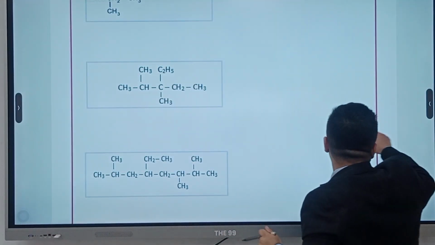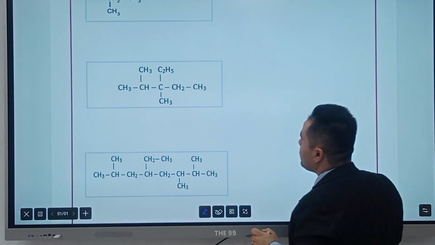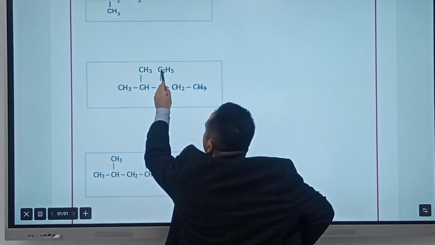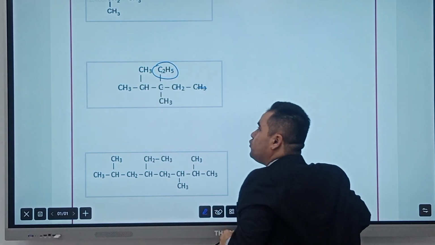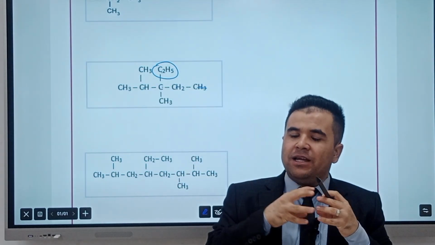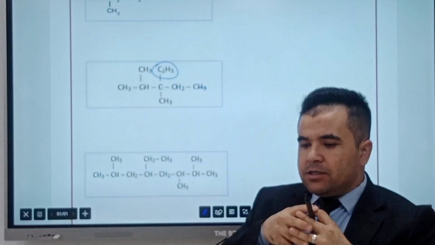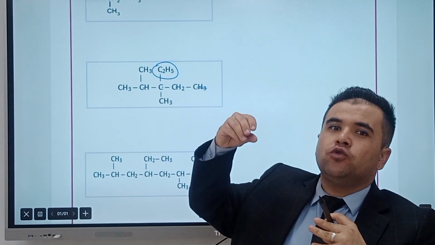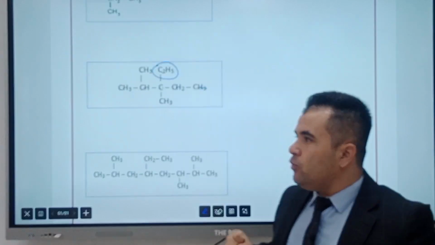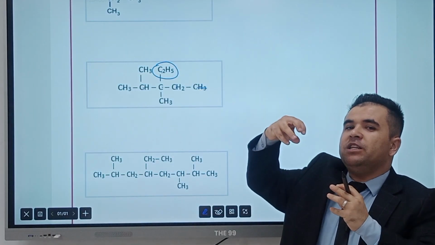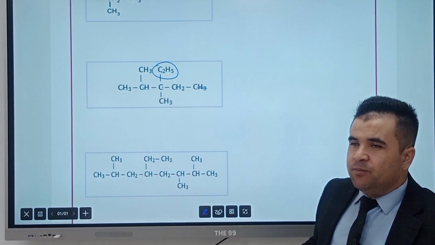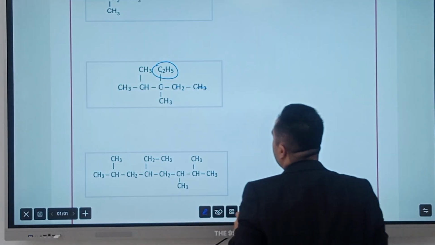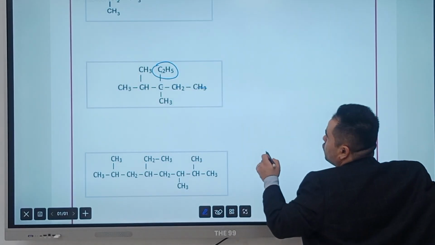Let us name another example, guys. Here, 1, 2, 3, 4, 5. 1, 2, 3, 4. Guys, this is an example to show you that sometimes the structure may be condensed. If it's condensed, it's not written as CH2, CH3, CH2, CH2, CH3. You have to notice that. Sometimes when we open it, it becomes the parent instead of being an alkyl group.